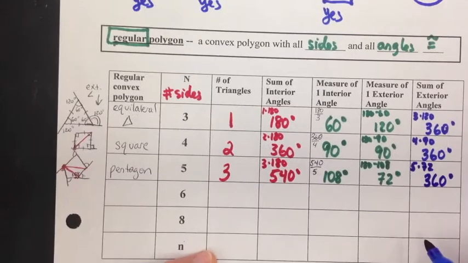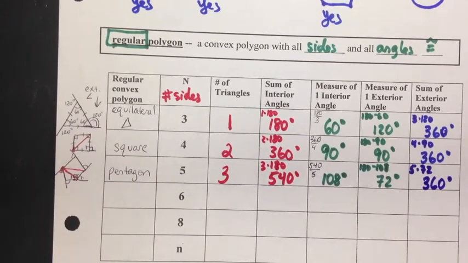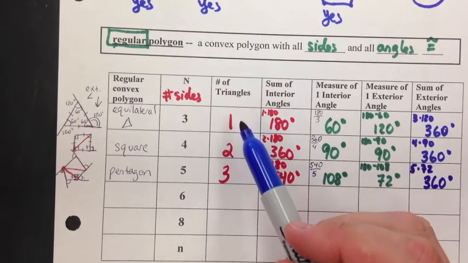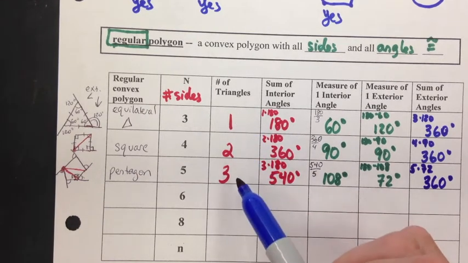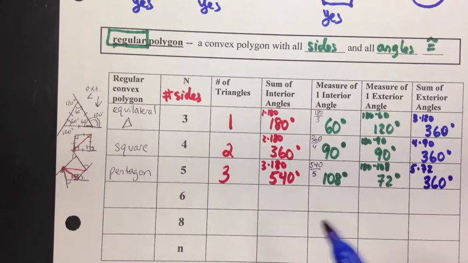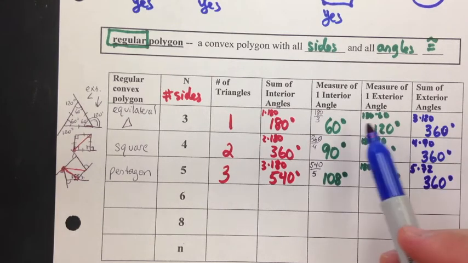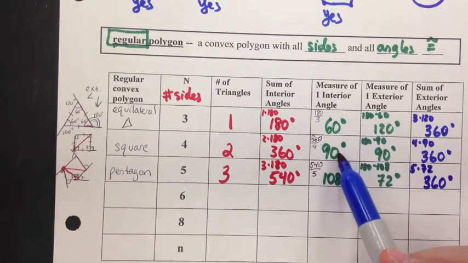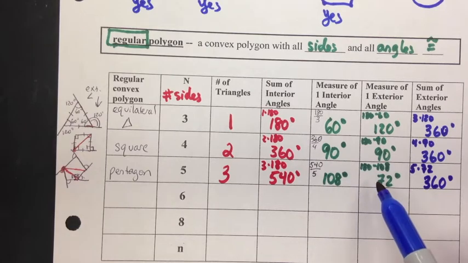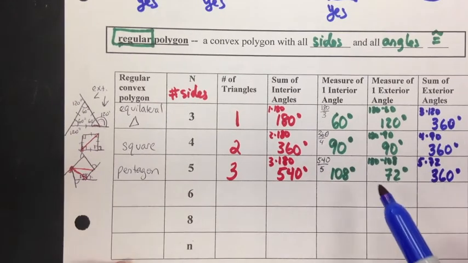Now, at this point, okay, 360, at this point, do you notice any patterns? Maybe with the number of triangles, 1, 2, 3. Maybe with the sum of the exterior angles, 360, 360, 360. Notice that interior and exterior add up to 180 every time. Now these are all patterns.